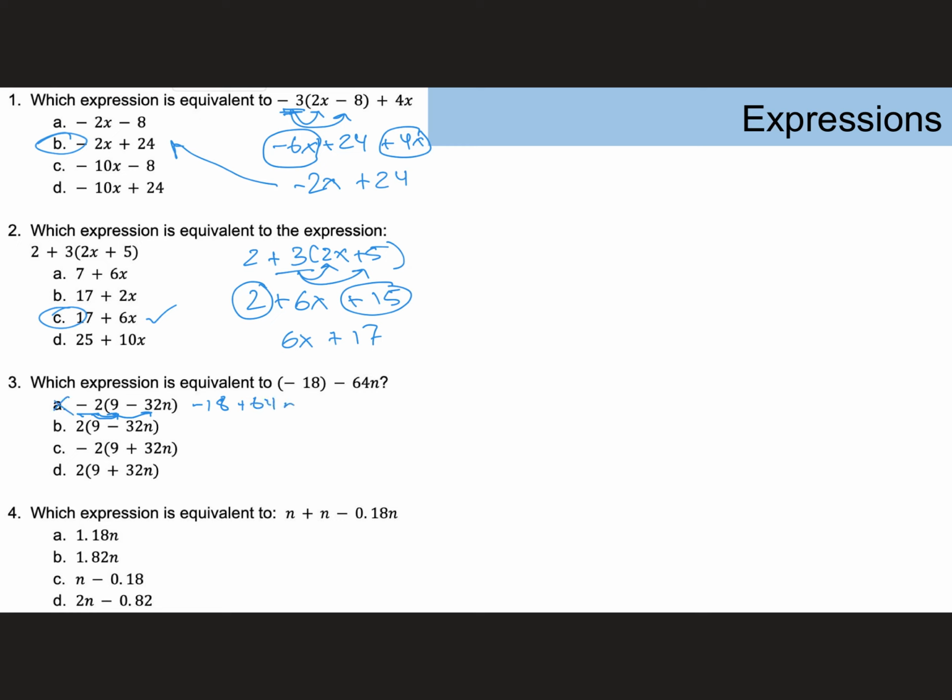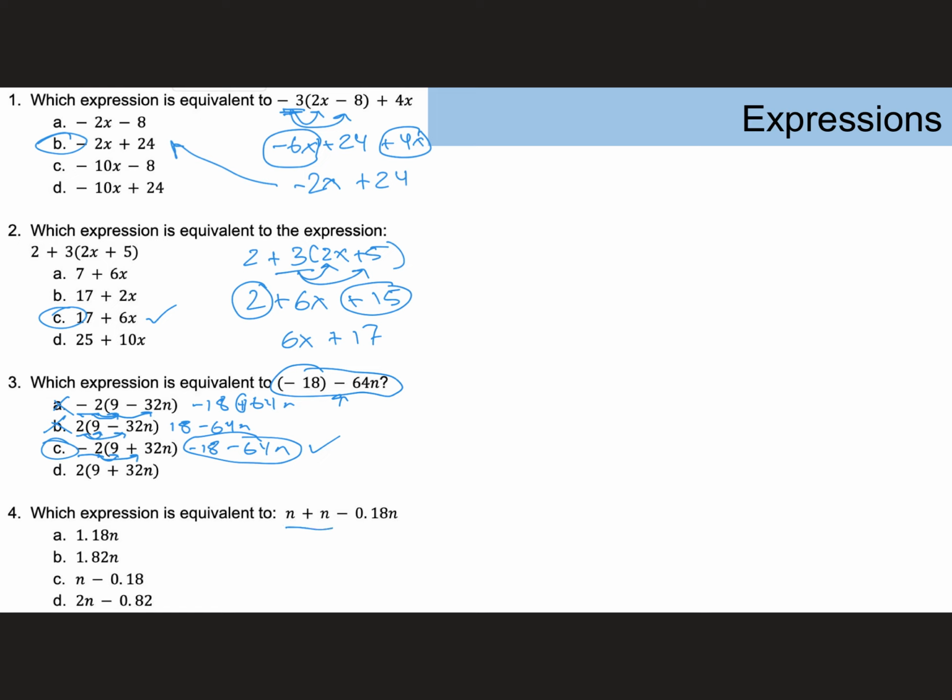So A does not work because the positive is different than that negative. 2 groups of 9 is 18, and 2 groups of negative 32n is negative 64n. Also does not work. Negative 2 times 9 is negative 18. And negative 2 times positive 32n is minus 64n. This works. This is the same as that. So it's C.